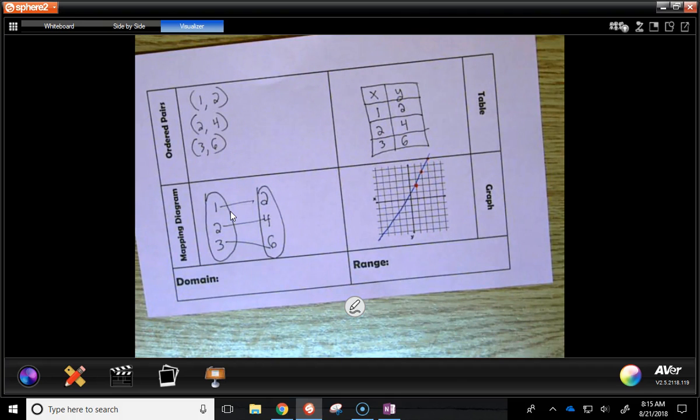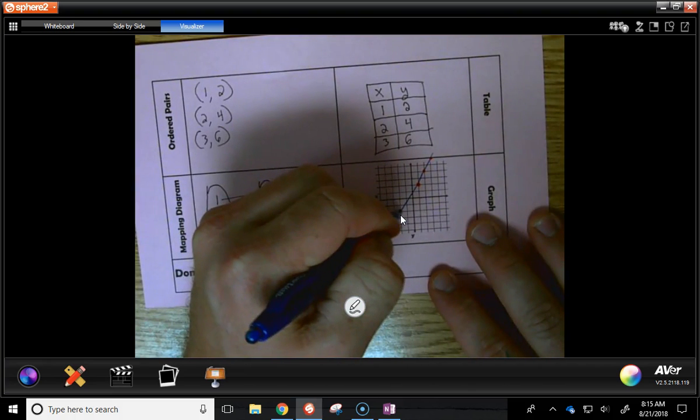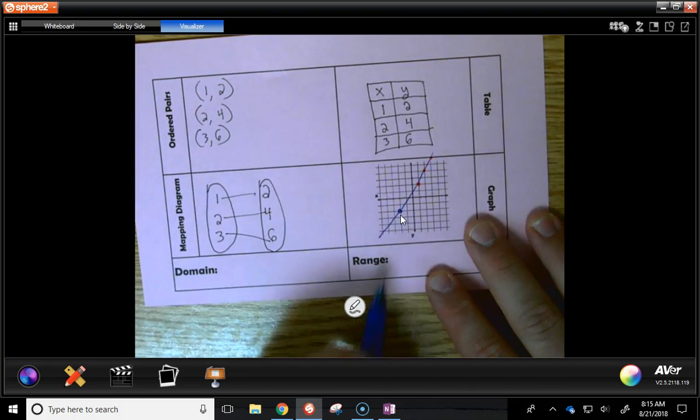My line isn't real straight. I should have used the ruler. But the beautiful thing is, once you've graphed 3 coordinate points, I can now find lots of other coordinate points. All I have to do is look at where it is. Right here, I can see that on this function, this point right here would be a coordinate.